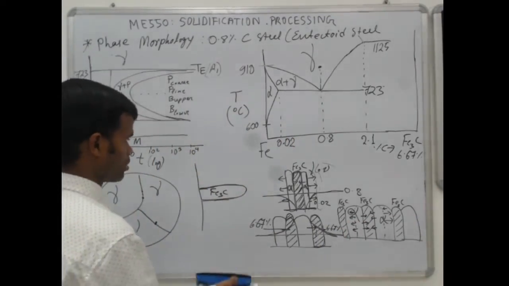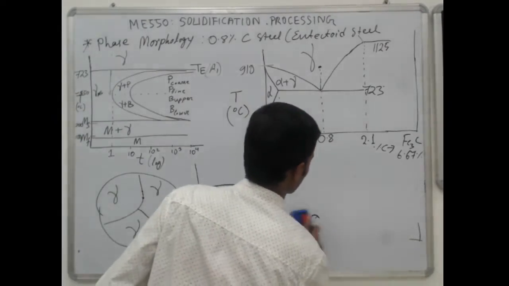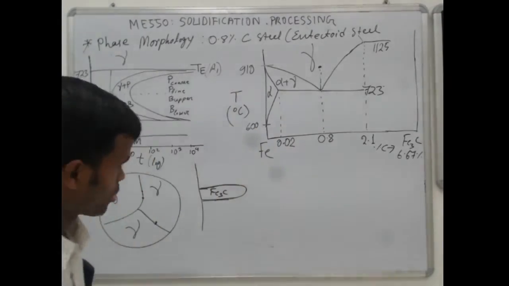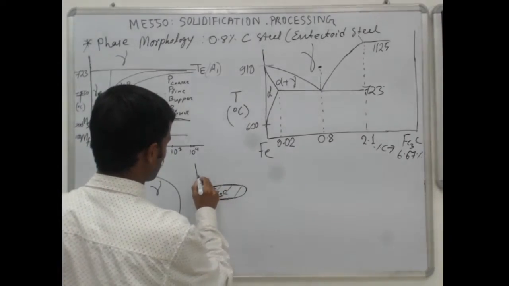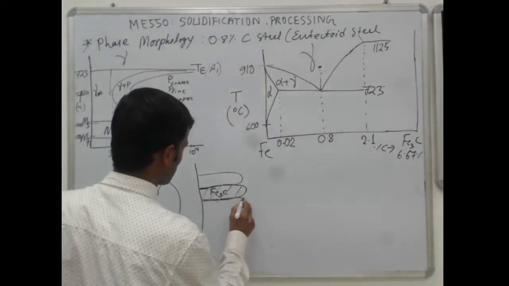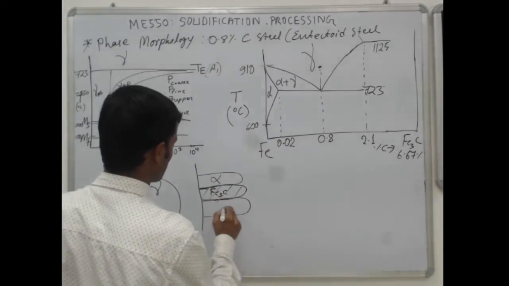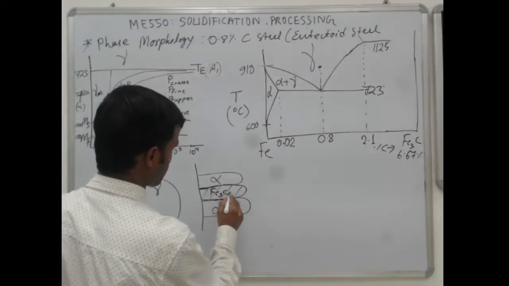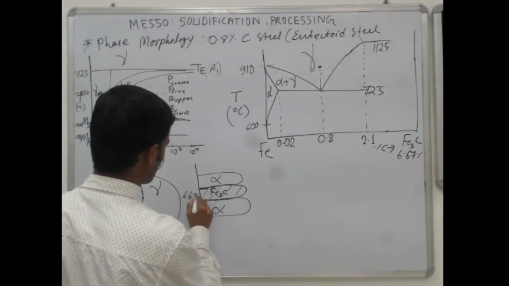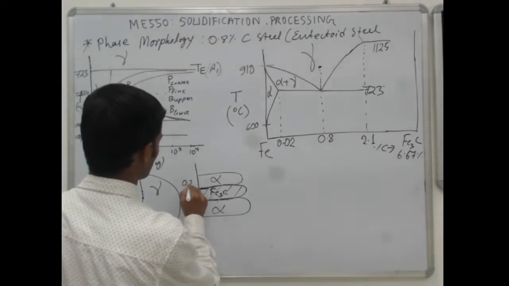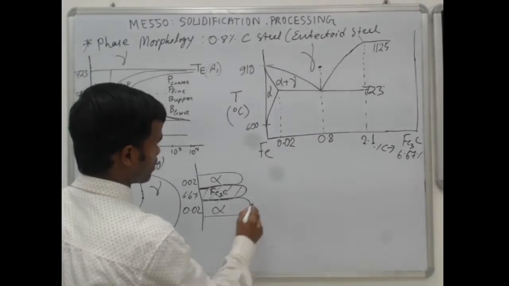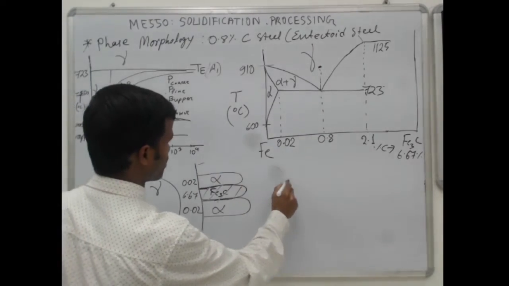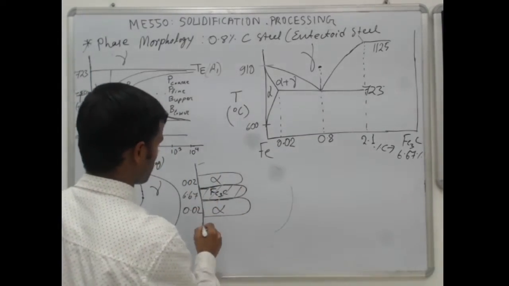Suppose you now have one Fe3C, and then again ferrite alpha. Here you have 6.67%, here you have 0.02%, but this is the grain boundary.